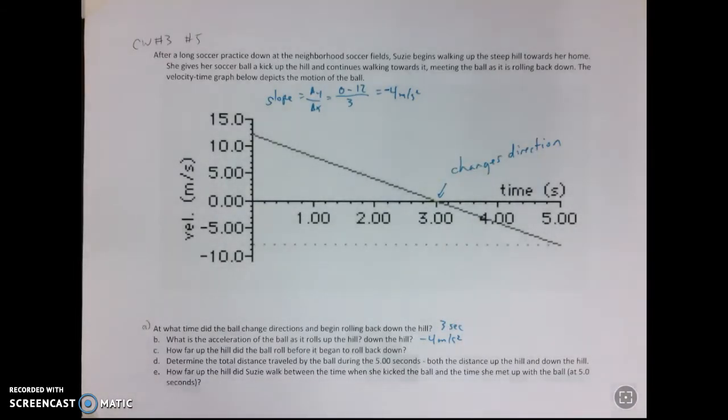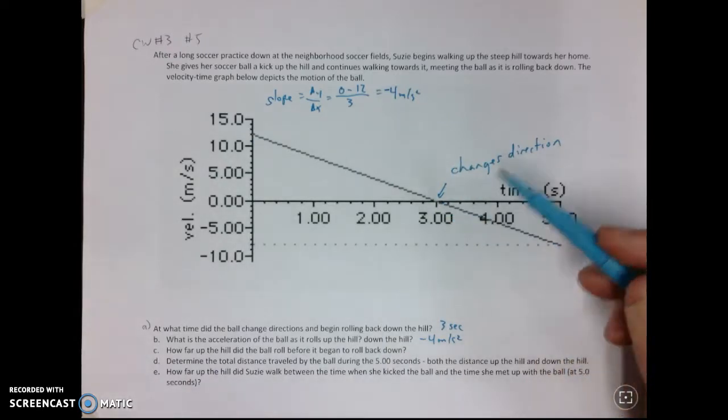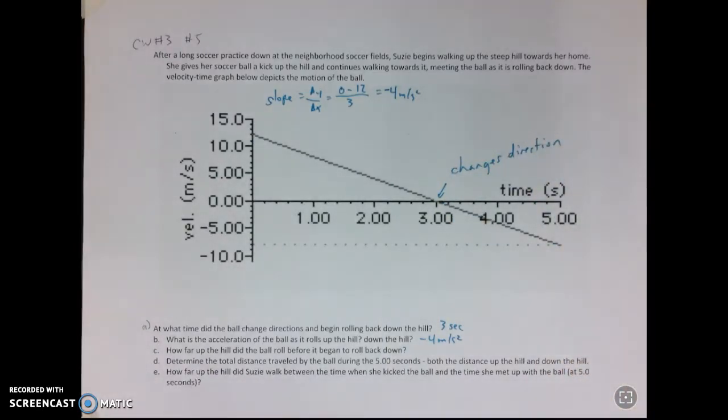Next, we want to know how far up the hill the ball travels before it begins to roll back down. So we want to think about this and think, what does this actually mean? This represents the portion when the ball has a positive velocity. That is from here to here. Basically, what we're looking for is the displacement of the ball for the positive section of this graph.